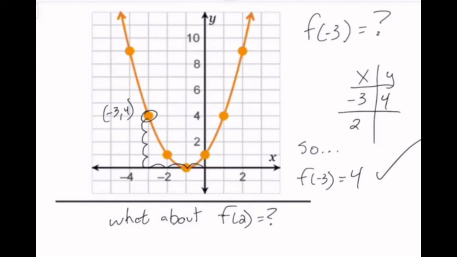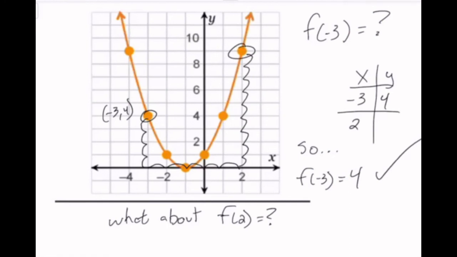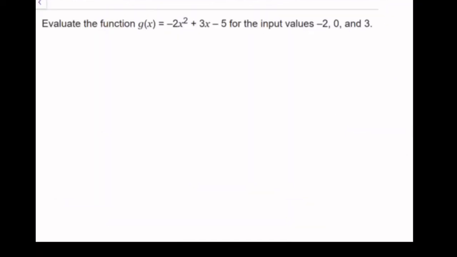When x is positive 2, you go in the right direction, 2 spaces, and then find where it intersects your graph, at the point positive 9. So the correct way to write our answer is f, parentheses, 2, close your parentheses, equals 9. Or in the table, x is 2, y is 9.